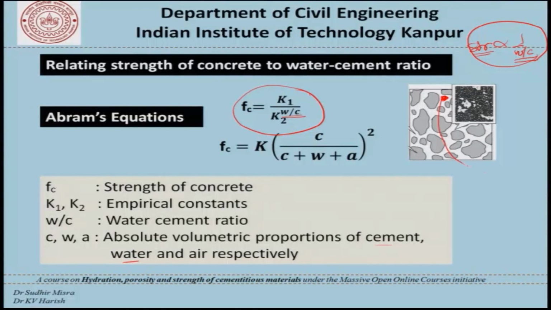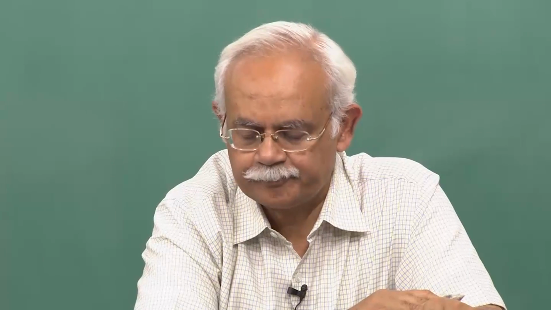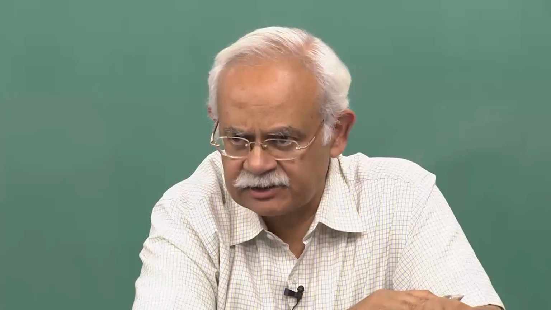Now we know that the amount of water that we add is in excess of that required only for the hydration of cement, and this excess water, as it leaves the pores, leaves behind void spaces which become the source of porosity and cause a detriment to the strength of the concrete, or in fact this HCP.